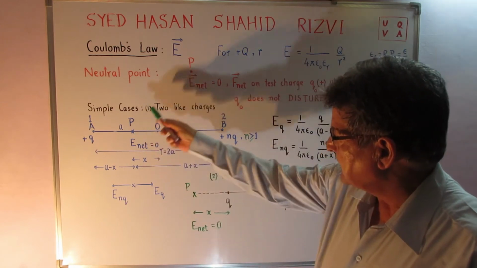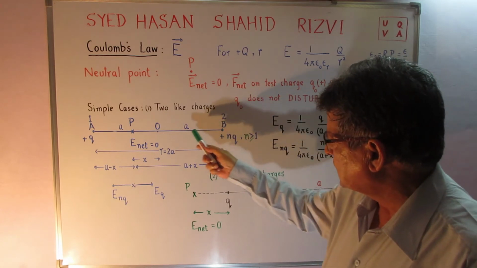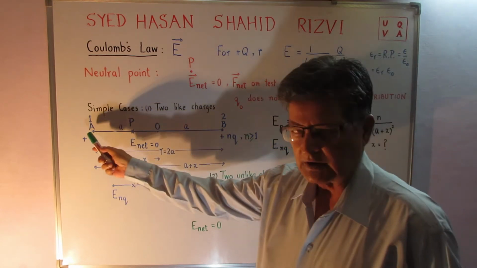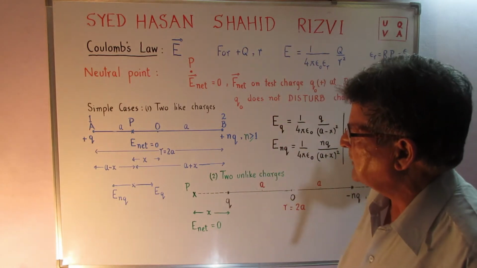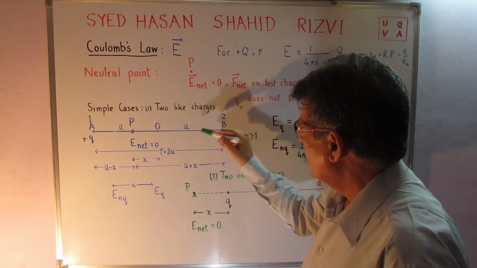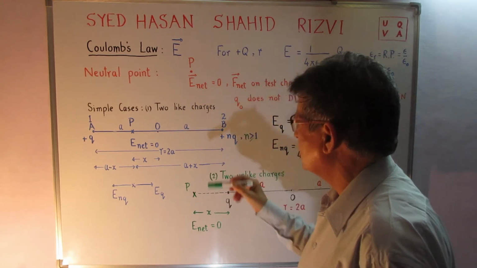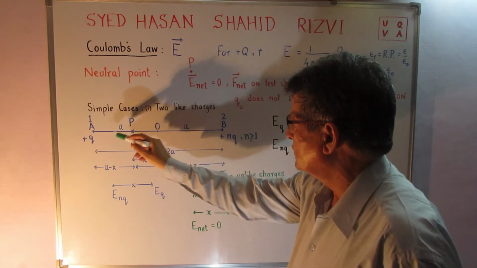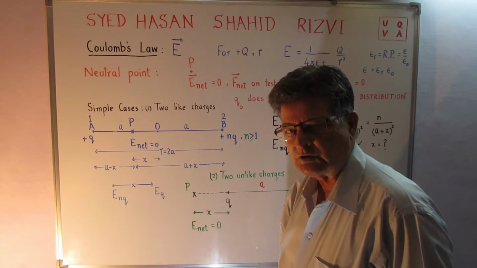If instead I shift my point P on this side, then this becomes closer and this becomes farther. So that 1/r² factor says that the field due to this charge over here will be more as compared to the field due to this charge, and therefore there will be imbalance.